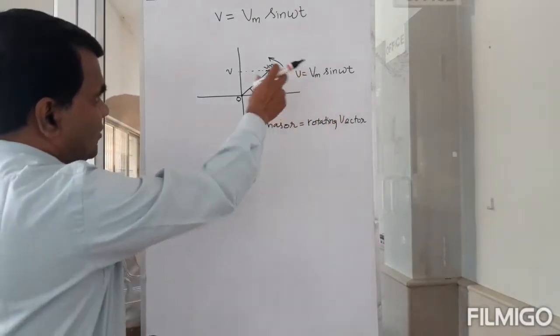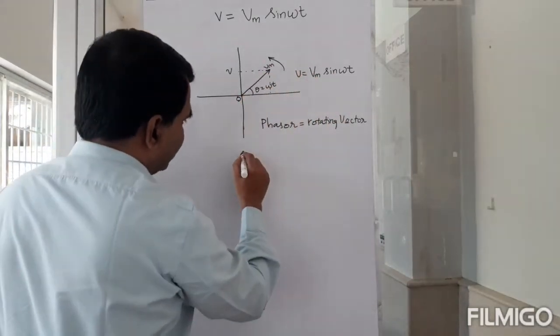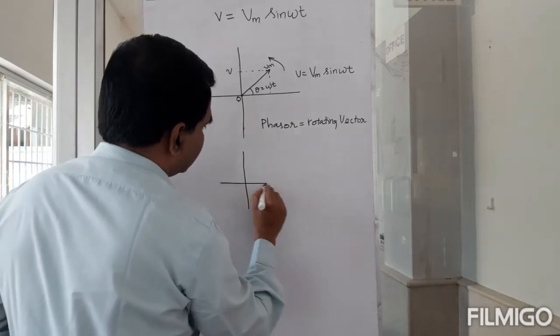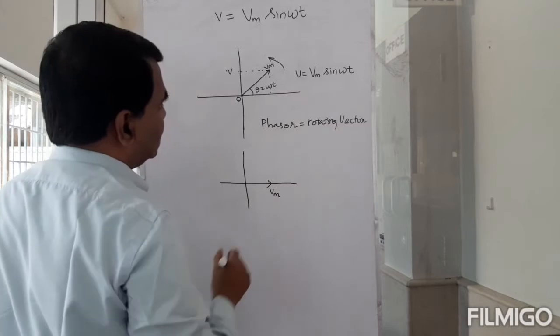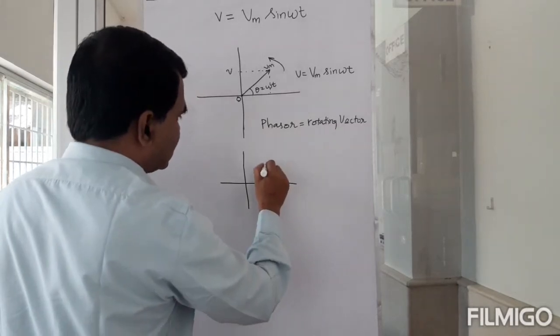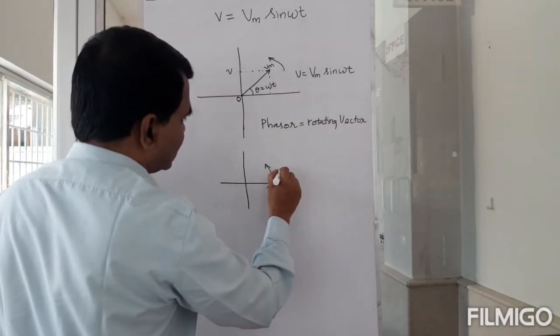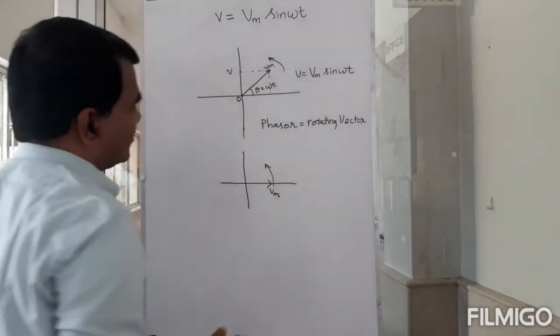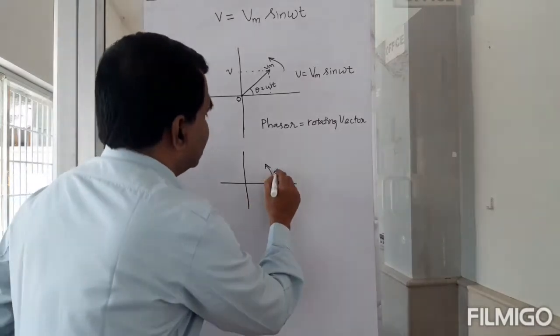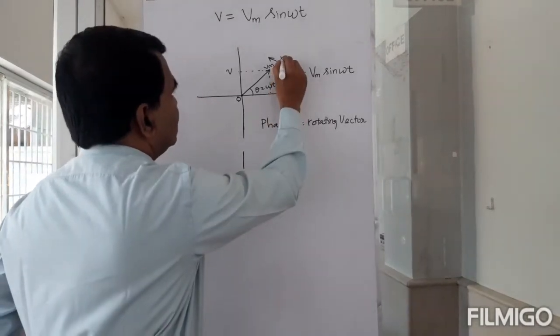If I have chosen time equal to 0, then my graph would be something like this. Okay, so this is actually my Vm. And I'll say that this is rotating like this, with this being my omega, right?